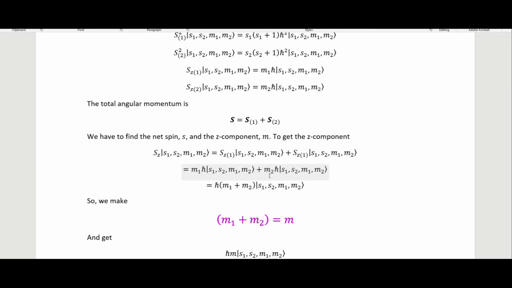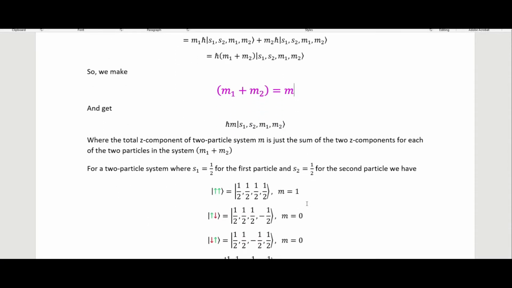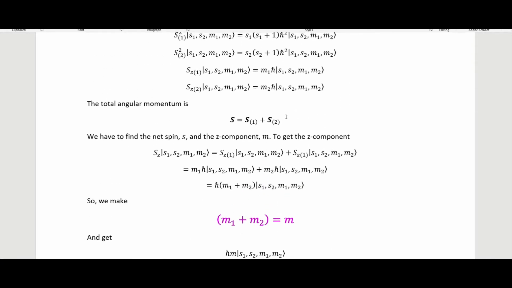We just factor that out, so it just ends up being m1 plus m2. And so I put this one here big and in purple, because conceptually, this is what it is. I could put this one in big purple as well. So it's just adding the total spin and adding the z components of the spin.